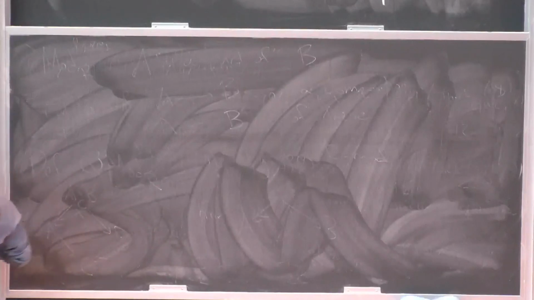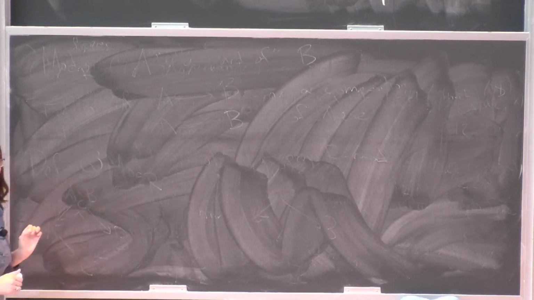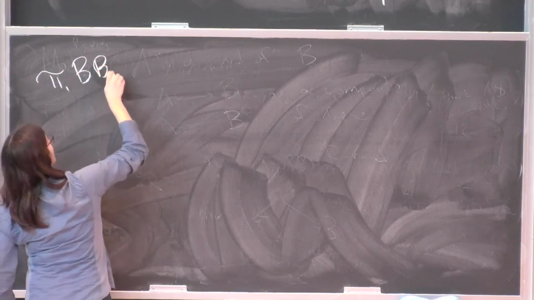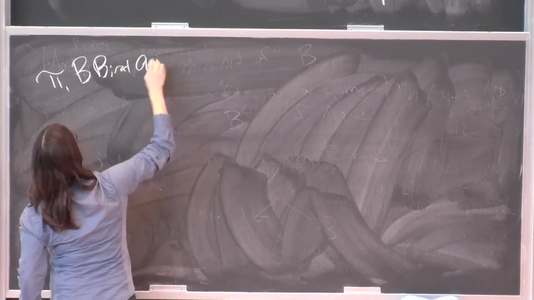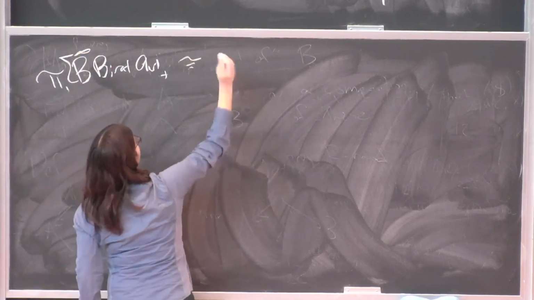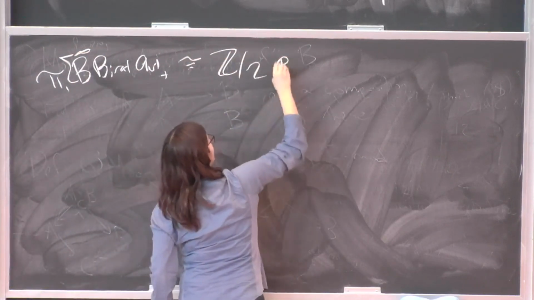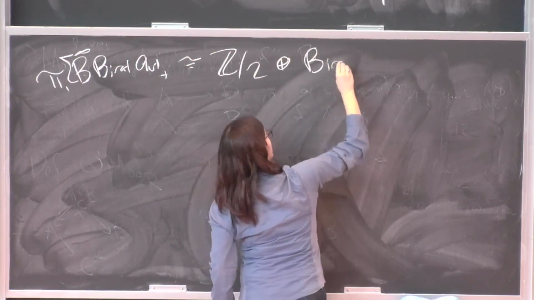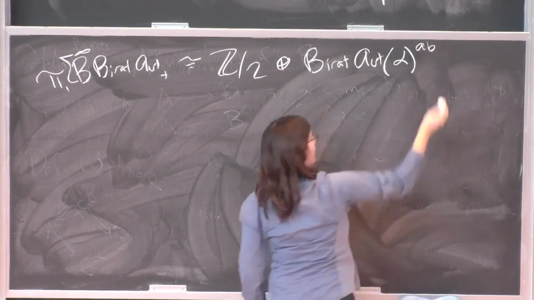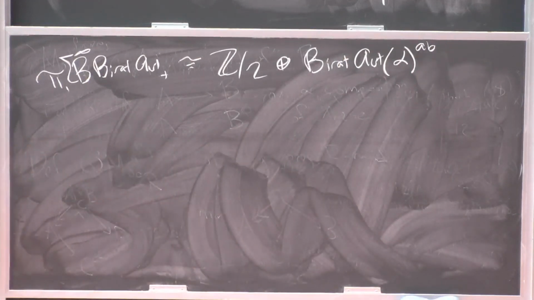So an element in pi 1 of this is an element in the abelianization of the birational automorphism groups. So pi 1 of B birational is Z mod 2 plus the abelianization of this birational automorphism group.